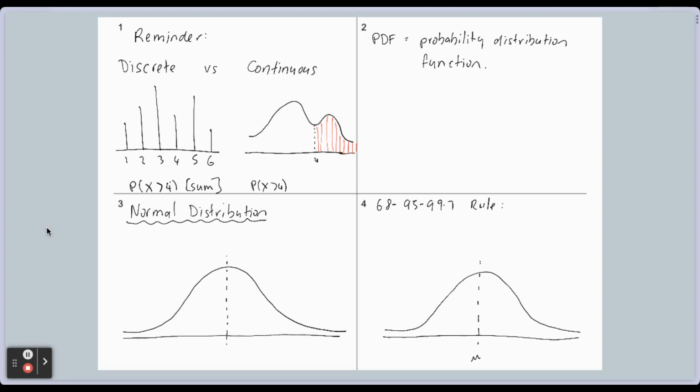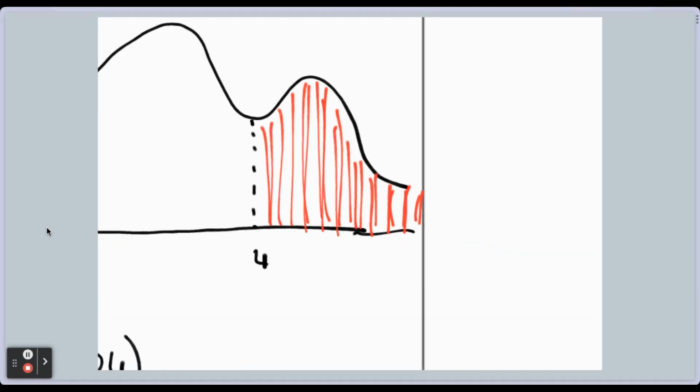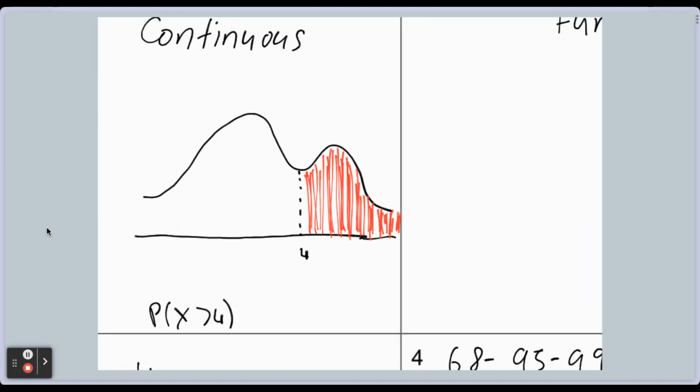But of course, it's continuous, which means for every single line that I've just drawn, there's another line. And between each line that I've just drawn there are more lines. And so we'd have to keep on adding up all of these lengths until effectively, what have we got? An area. Yeah, cool. So we end up with an area underneath the curve.